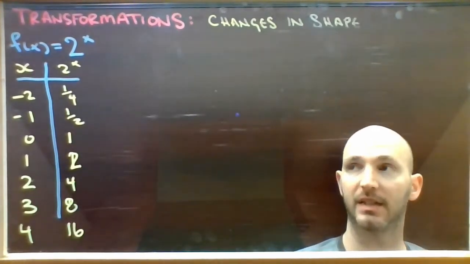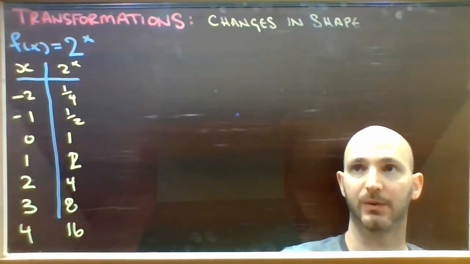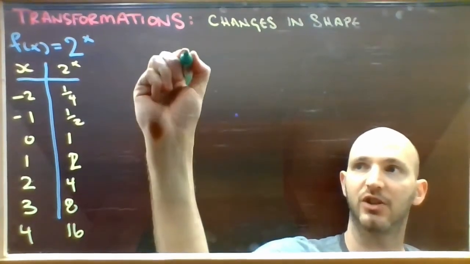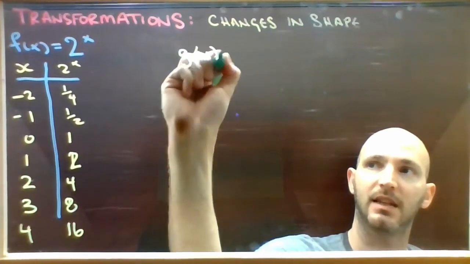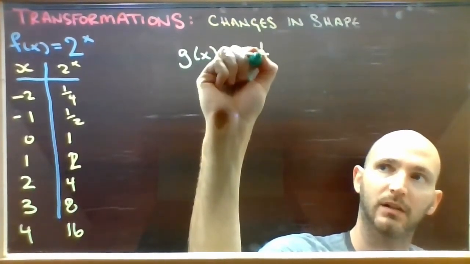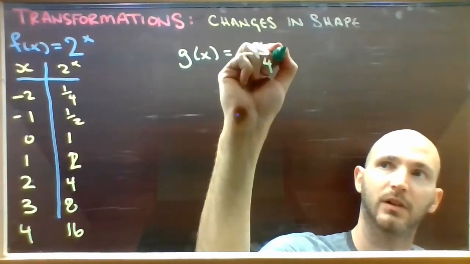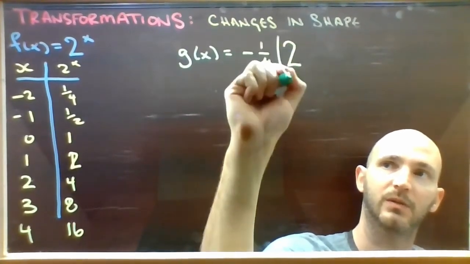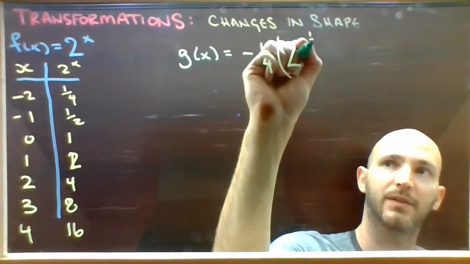And the function that I'm going to try and sketch for you is g of x equals negative 1/4 times 2 to the negative 1/3 x.